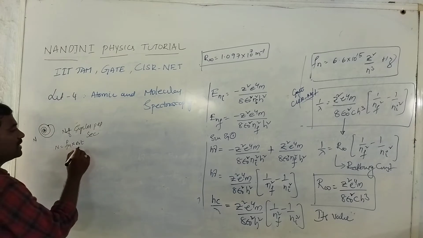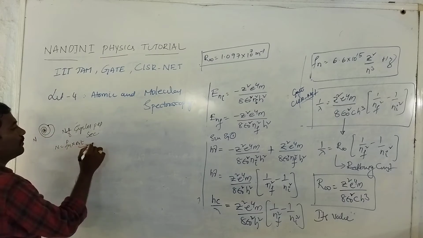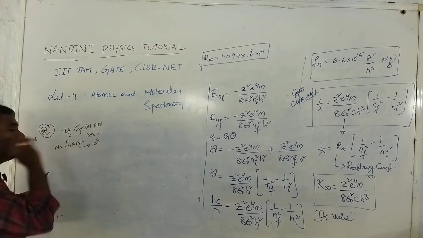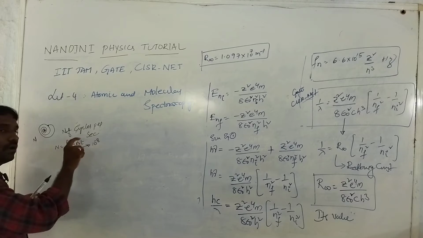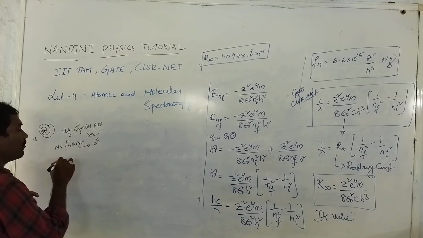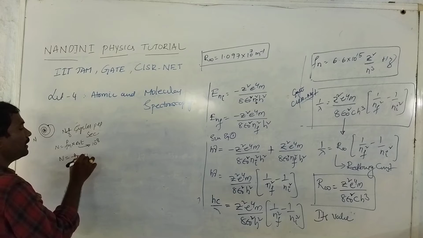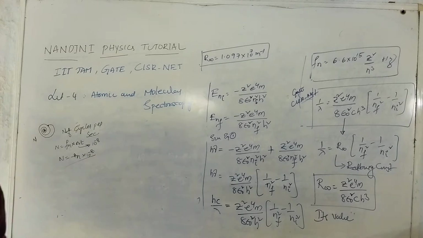That changing time represents the excited state lifetime. Therefore the number of revolutions is equal to Fn times 10 power minus 8 seconds. This is what I found first of all.